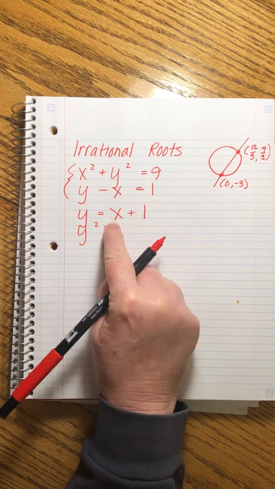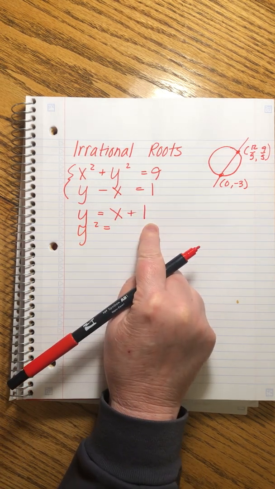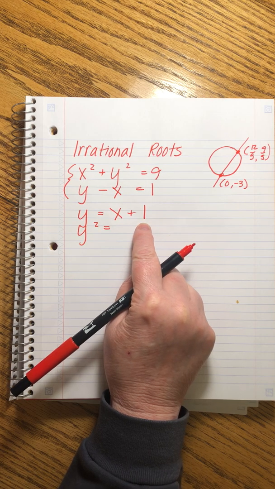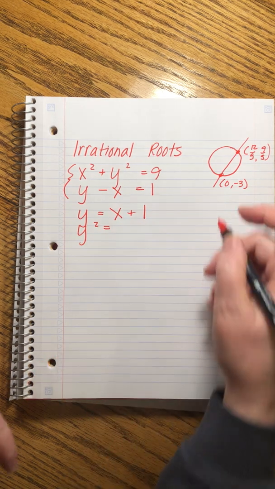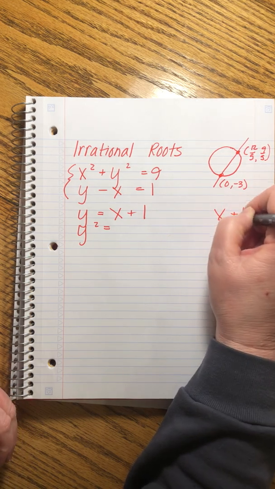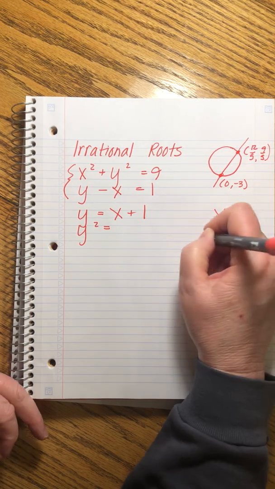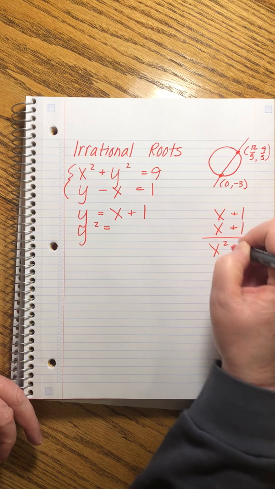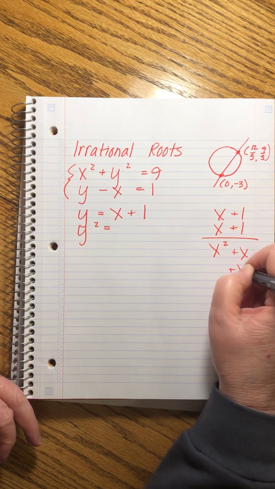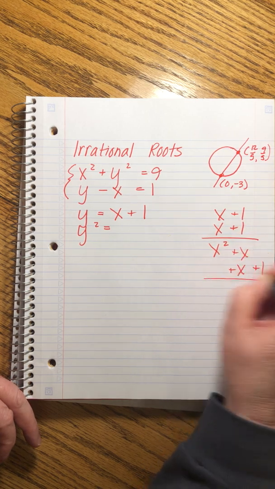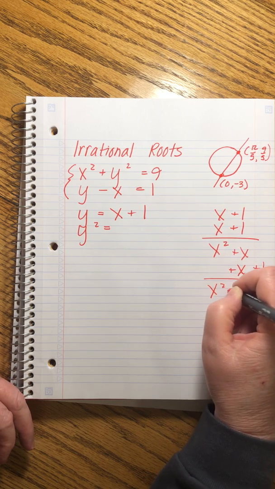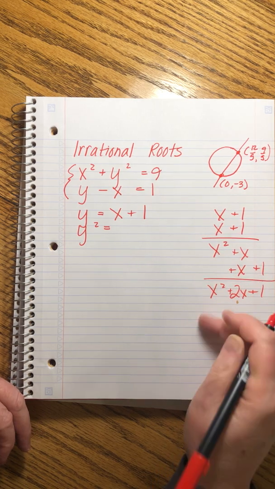Y squared equals. Now, you hopefully have enough experience with binomials that you can begin to square these in your head. If you need to write out x plus 1 times x plus 1, that's perfectly fine. X squared plus 2x plus 1.